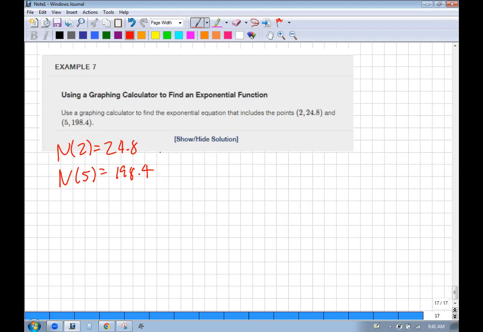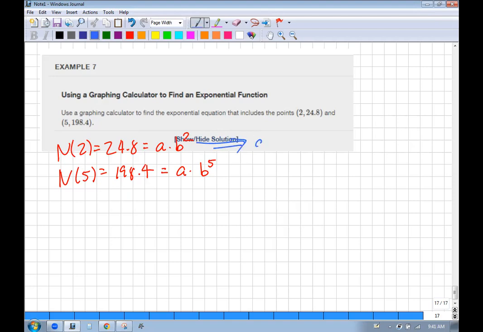I don't know how we'd use a graphing calculator to do this. Let's see. This is a times b squared, and this is a times b to the 5th. We have 2 equations, 2 unknowns.